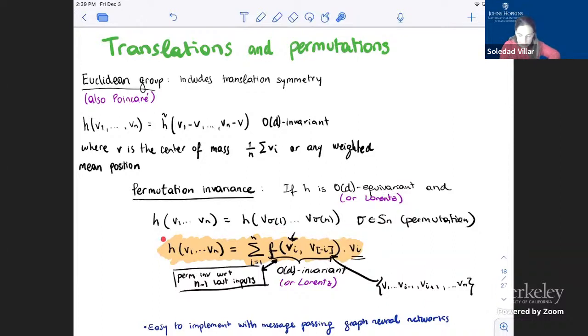Then you can write this function as a linear combination of your input vectors times this function f, which is the same for everyone, but f sees the vector it's multiplying differently than everyone else. You can think of it as a form of message passing, like the EN message passing method that Max Welling was describing before. And it's easy to implement with graph neural networks that do message passing.